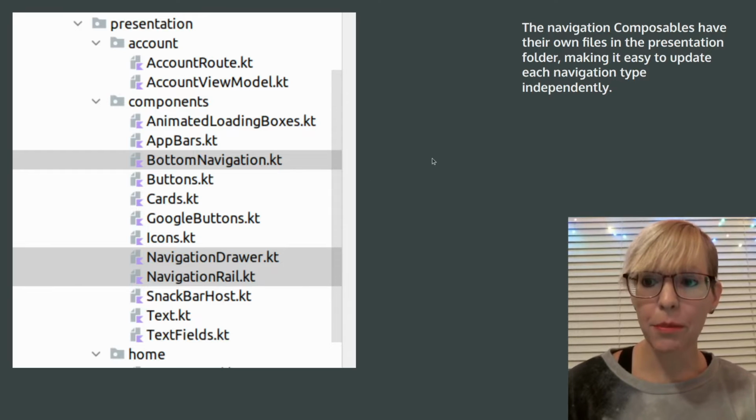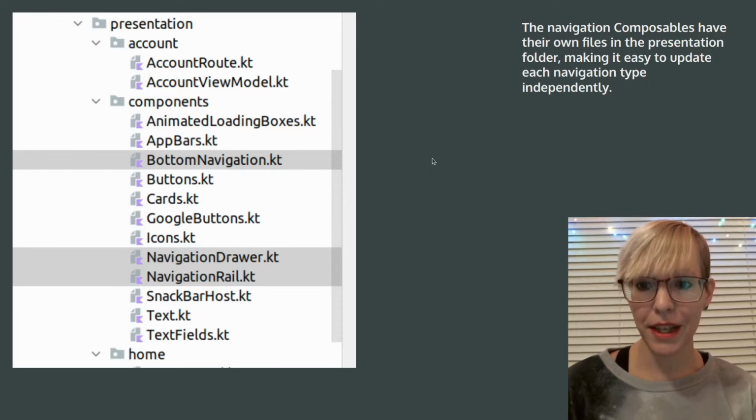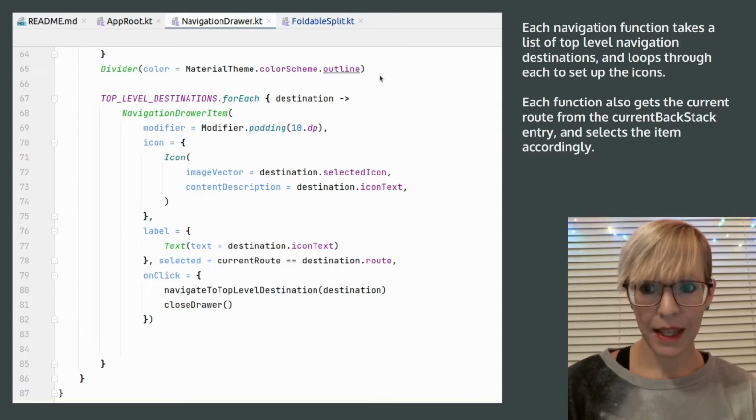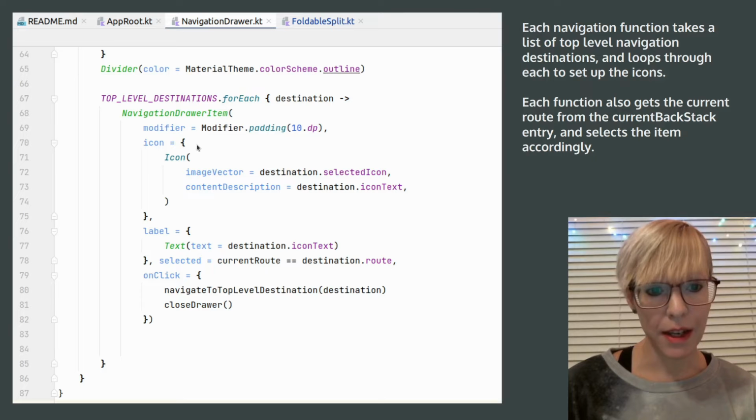The navigation composables have their own files in the presentation folder, making it easy to update each navigation type independently. Each navigation function takes a list of top-level navigation destinations and loops through each to set up the icons and the icon labels.